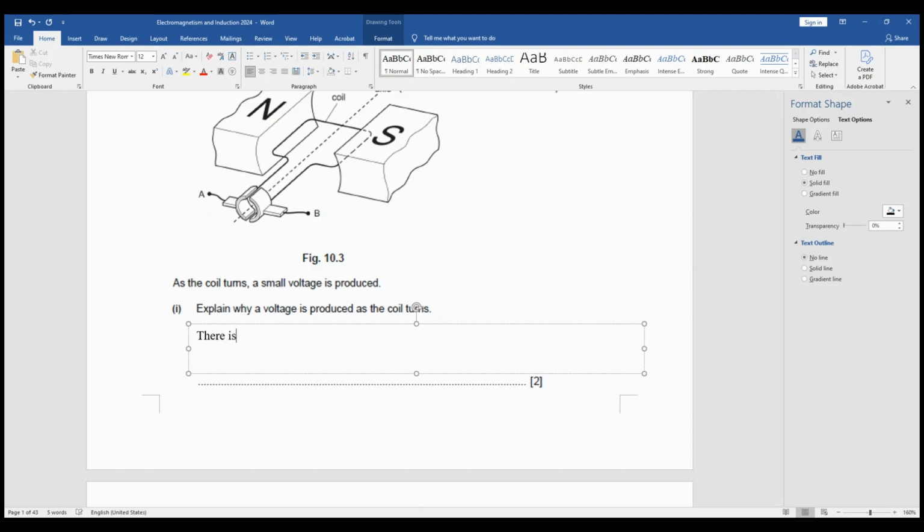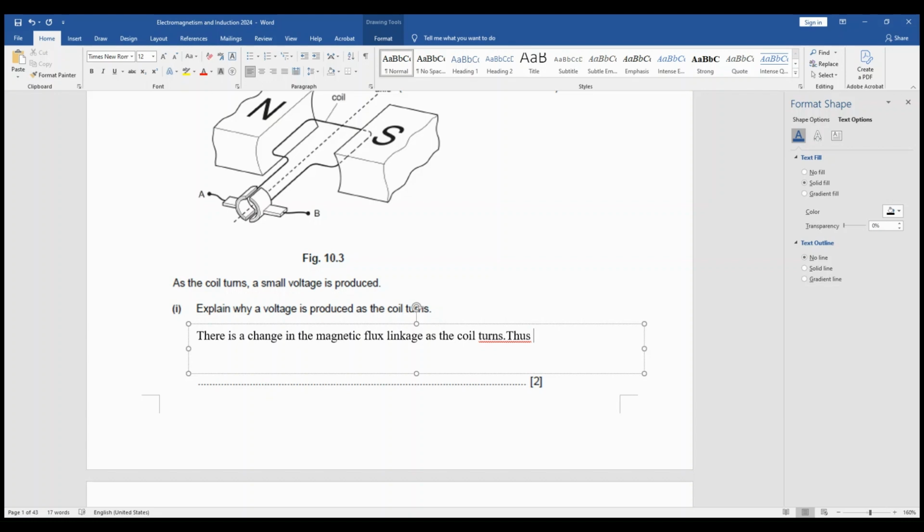There is a change in the magnetic flux linkage as the coil turns. Okay, standard Faraday electromagnetic induction kind of introduction. There's a change in the magnetic flux linkage as the coil turns.